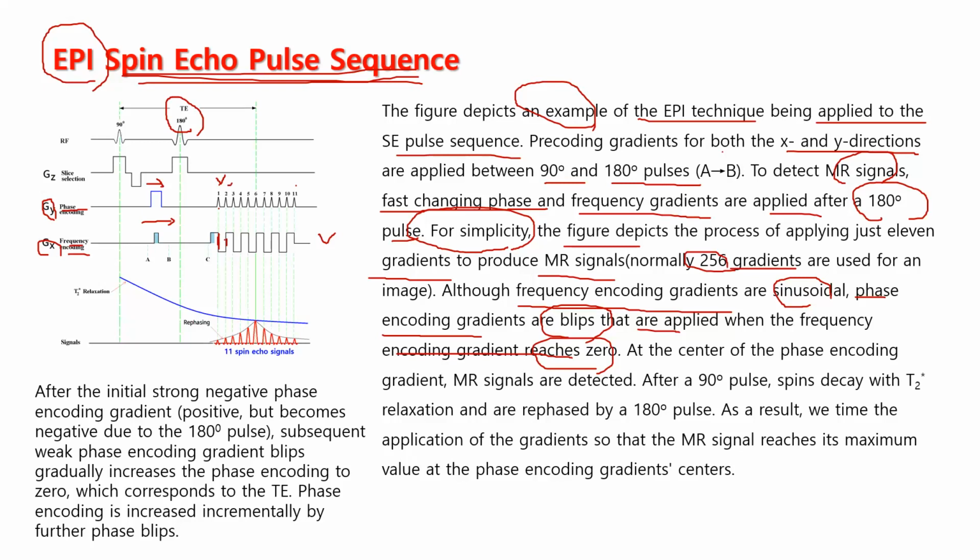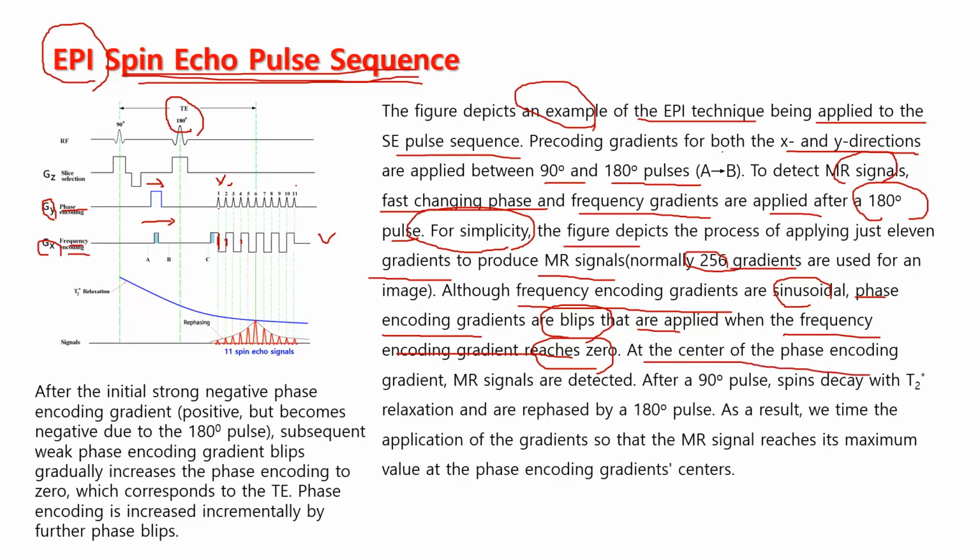So when the frequency encoding gradient reaches 0, the blip type phase encoding gradient is applied.